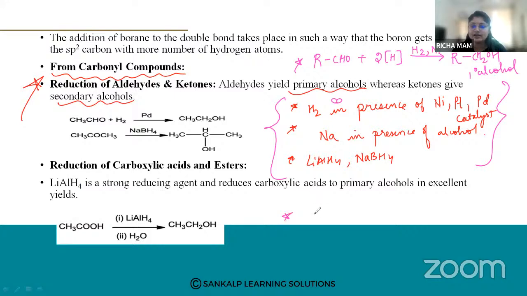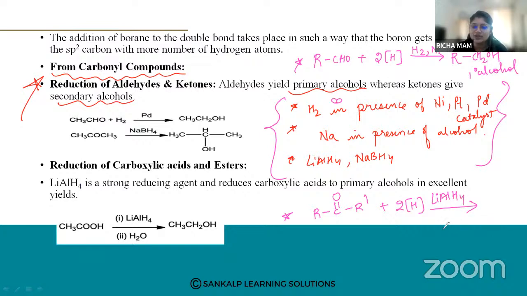Secondly, let us take a ketone. I'm going to do reduction again, in the presence of hydrogen, or I can take lithium aluminum hydride. Lithium aluminum hydride is a good reducing agent, but it is a costly reducing agent.